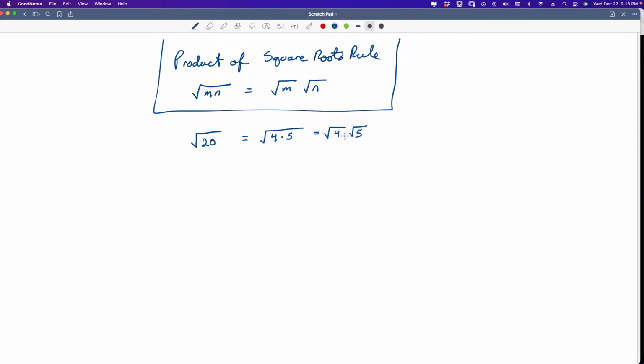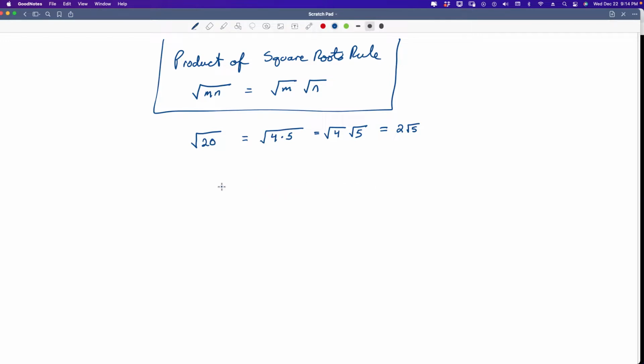So then we can look at these factors and we can pull out any squares. We know that 4 is a perfect square, and it's a perfect square of the number 2. So we can actually say that this is 2 times the square root of 5. 5 is a prime number. It is not a perfect square. We cannot solve it without using a calculator. So therefore, this is as far as we can go with it.